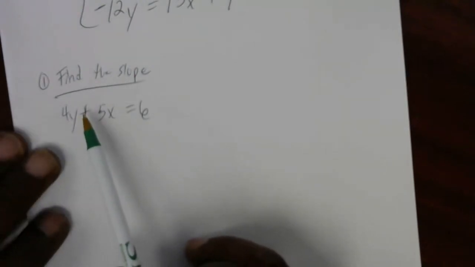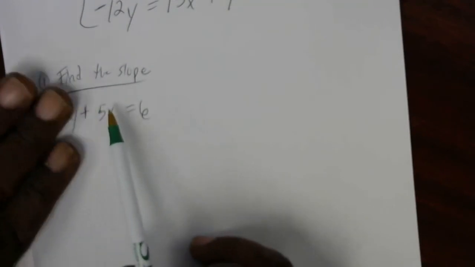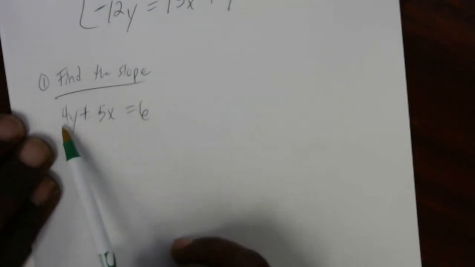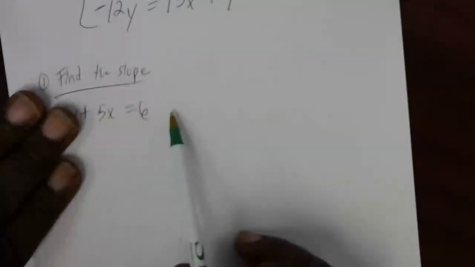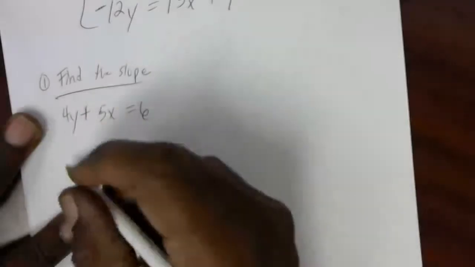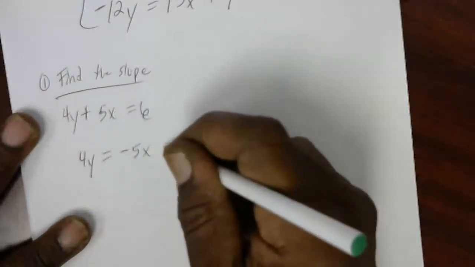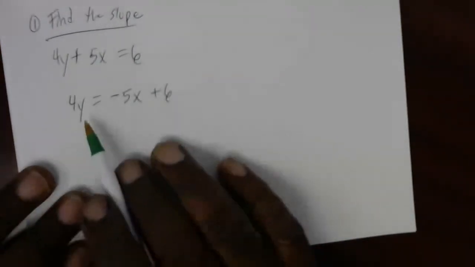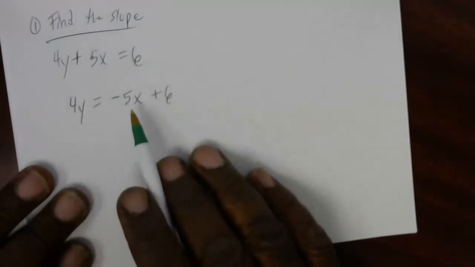On the same side as y, we also have another term, 5x. 5x doesn't have anything to do with the y term, so I'm going to transpose 5x to the other side. So now I have 4y is equal to -5x plus 6. I want to solve for y, not for 4y. So now I'm going to divide everything by 4.